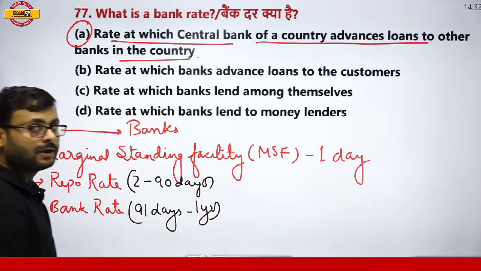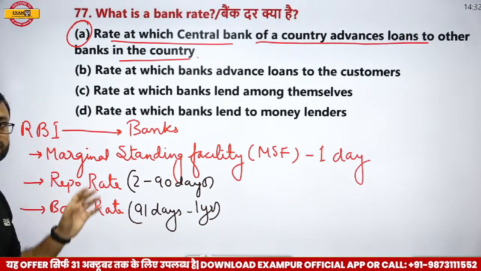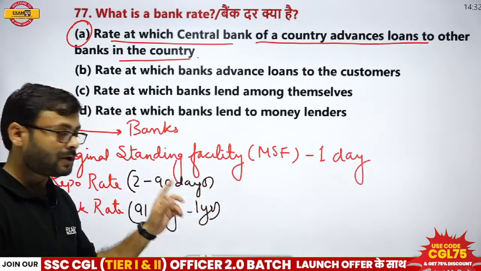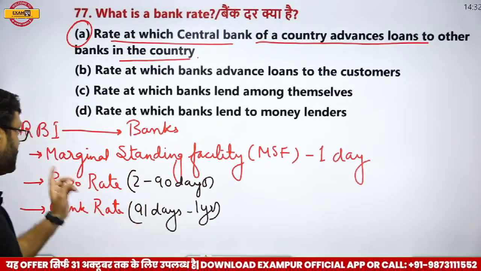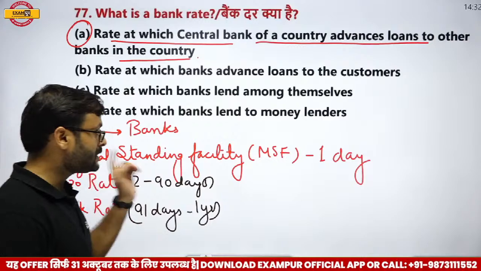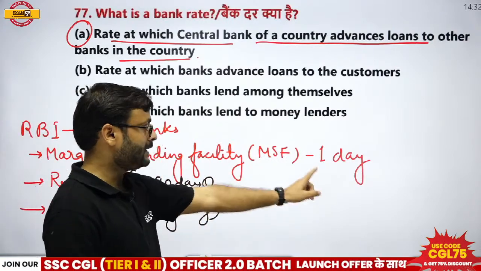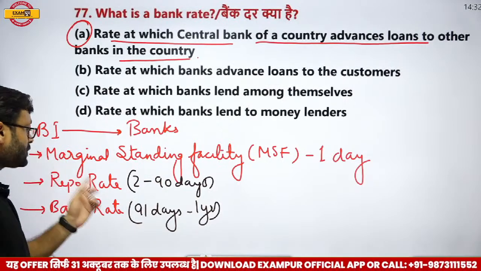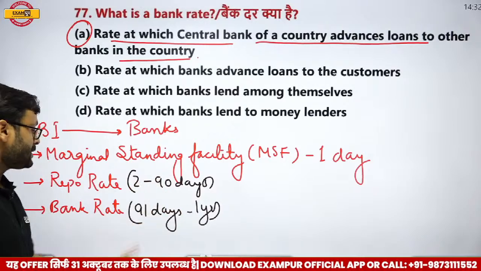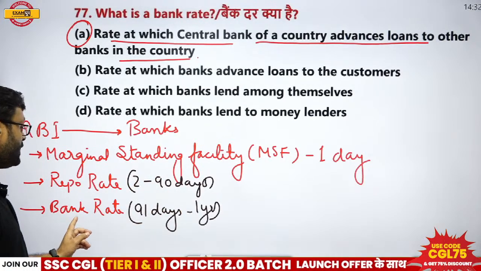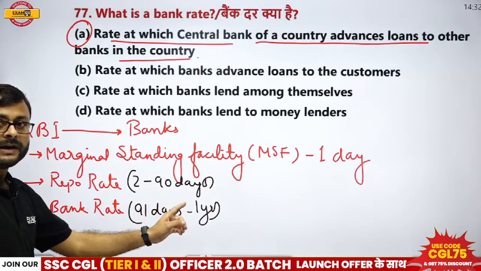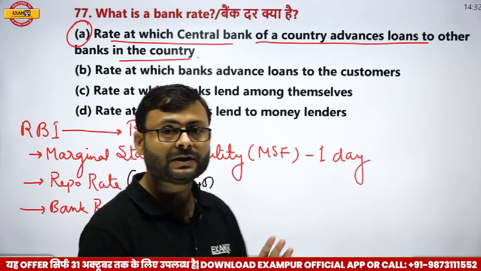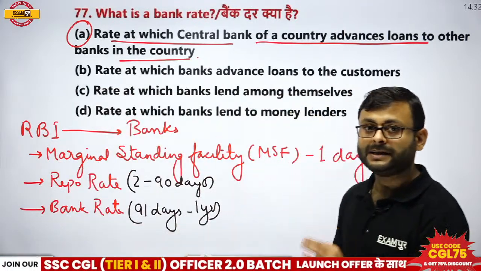These are the rates charged by the Reserve Bank of India on its lendings to commercial banks. Under the marginal standing facility, the RBI grants loans for only 1 day. In the repo rate, it grants loans for 2 to 90 days, and for loans of 91 days to 1 year, it charges the bank rate. These are the three kinds of rates charged by the RBI on its lendings to commercial banks.